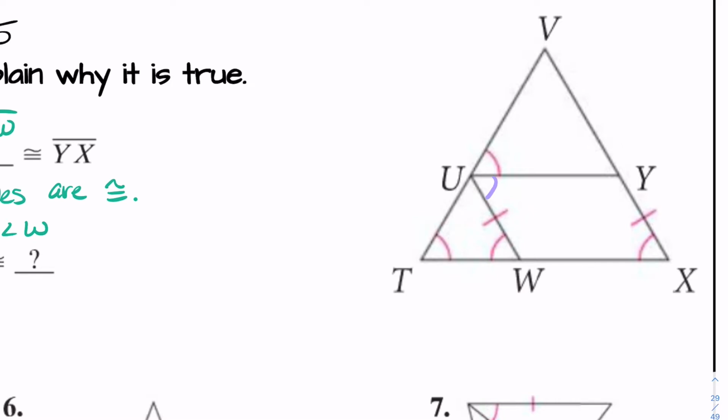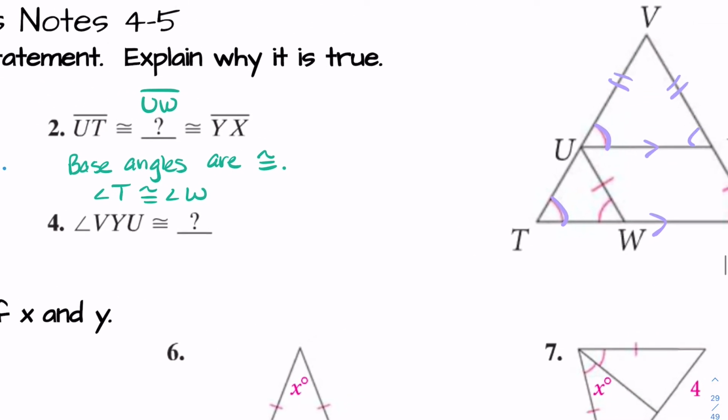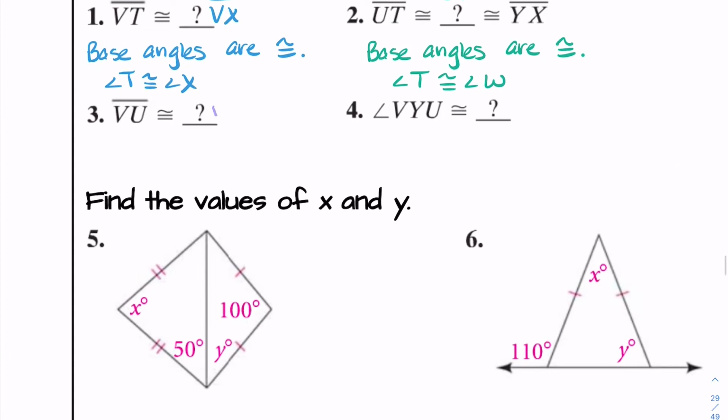If this angle is congruent to this angle, well, we have our parallel lines because we have corresponding angles, making this angle congruent as well because this one's congruent, meaning that this side is congruent to this side. So we have a lot going on here. VU is congruent to VY.